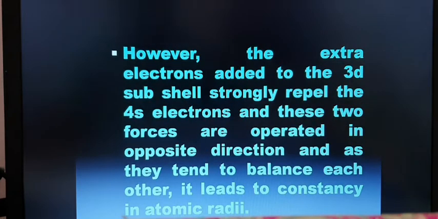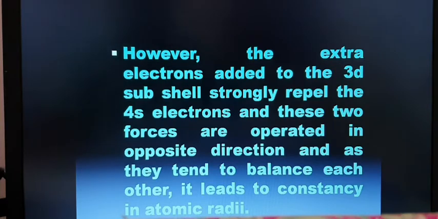However, the extra electrons added to the 3d subshell strongly repel the 4s electron, and these two forces, what are the two forces? Repulsive force between 3d and 4s electron, and attractive force between nucleus and the 4s electron.